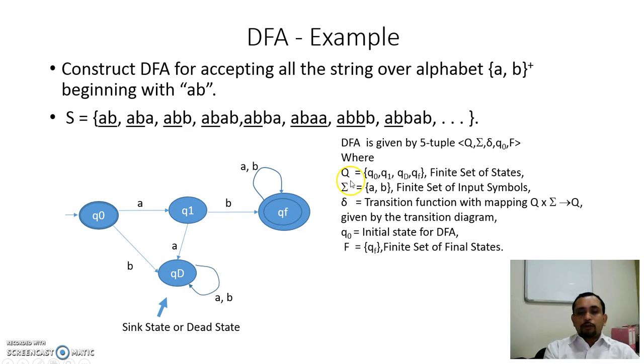That means it is from the finite set of states, capital Q. Q0 is the initial state and capital F is the finite set of final states. Here only one final state exists, that is QF.